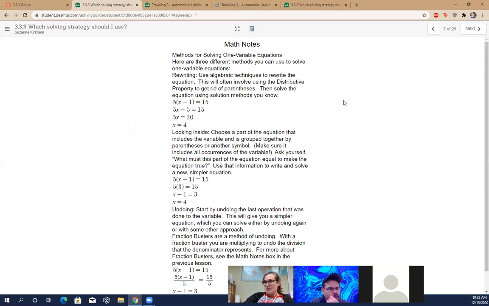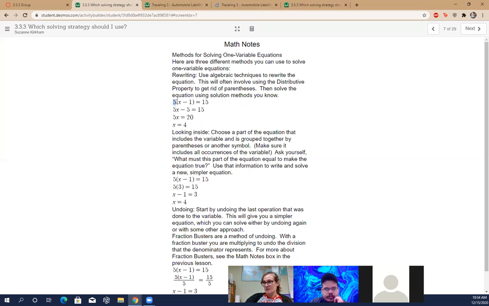This next page is math notes, and we are just going to review some of the different methods for solving equations. The first one that we'll talk about is rewriting. Rewriting is where you use algebra to rewrite an equation. One of these is where we distribute. The distributive property is where you get rid of the parentheses.